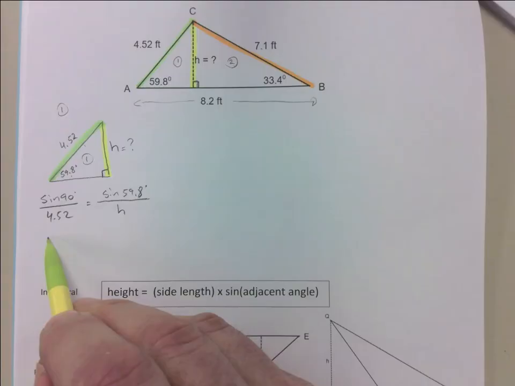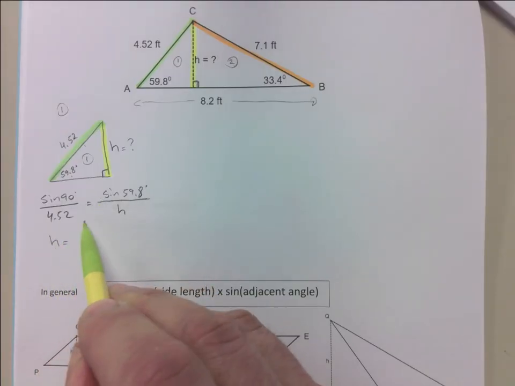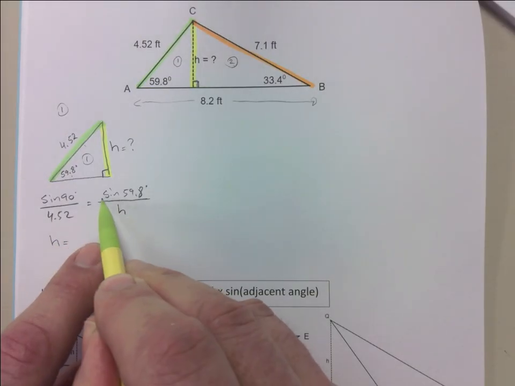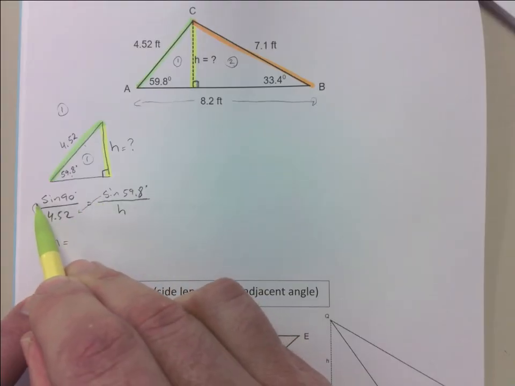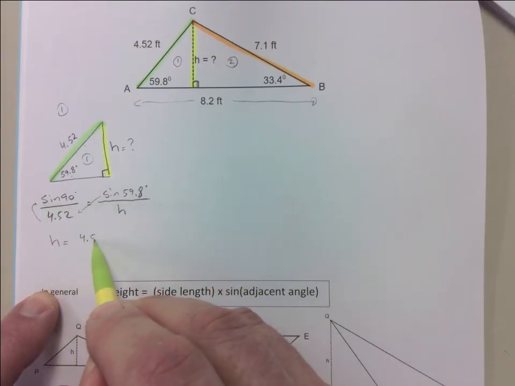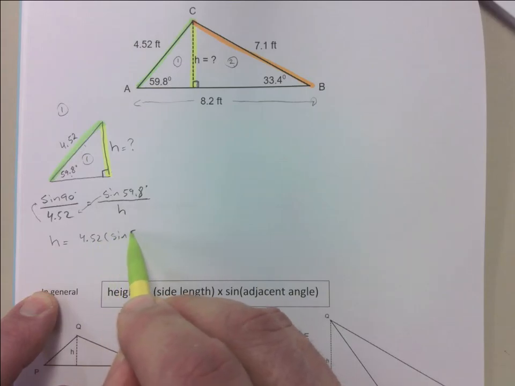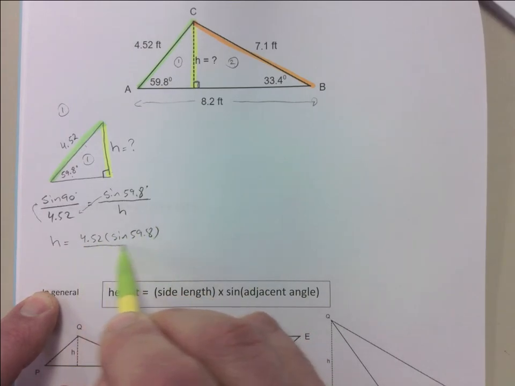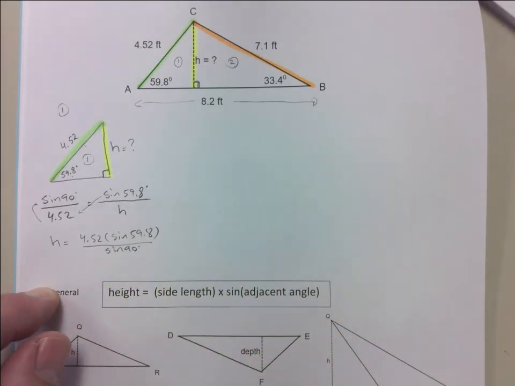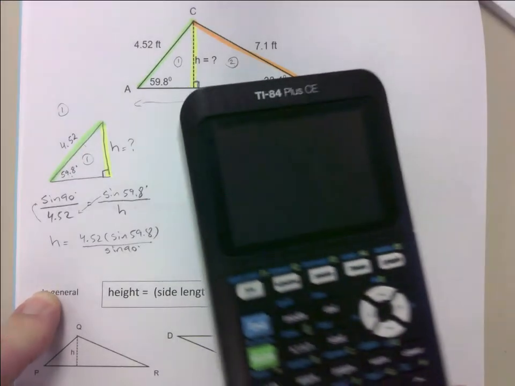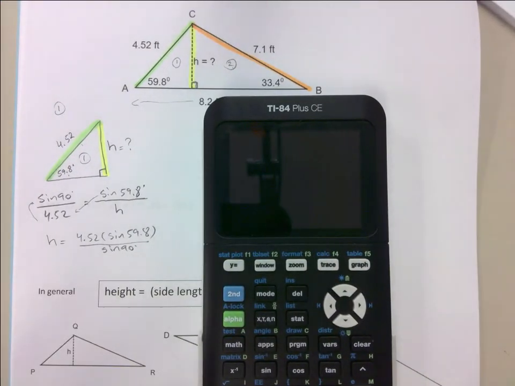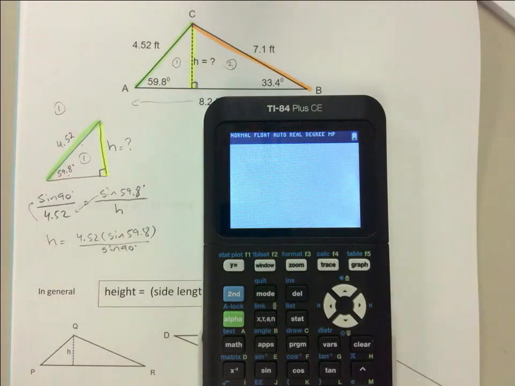And so let's do this. Height is, you go to the side where the variable is, you cross multiply, and then you divide. So we're going to go 4.52 times sine of 59.8 divided by sine of 90. Before we do this, find out what sine of 90 is, because you'll be somewhat surprised by that. Maybe not.